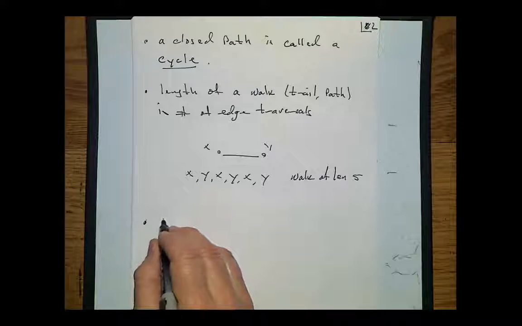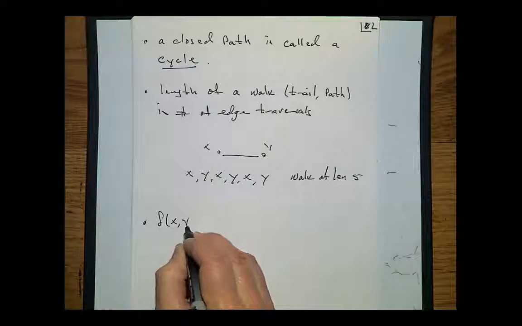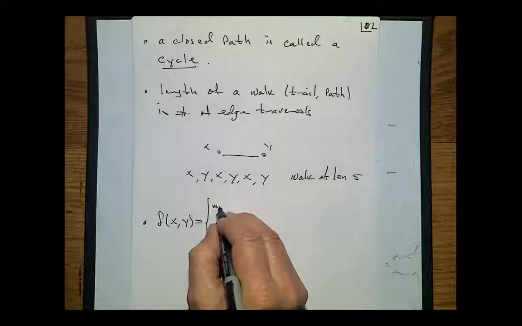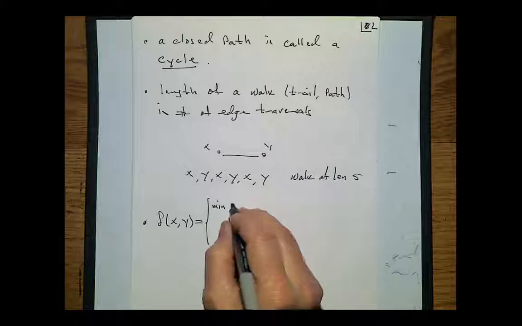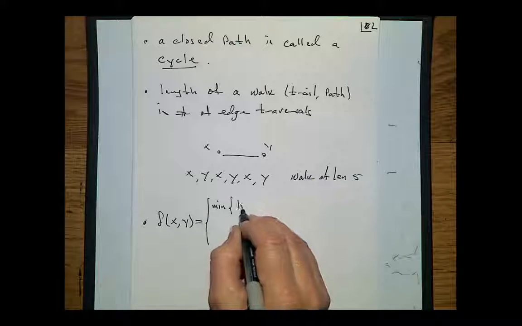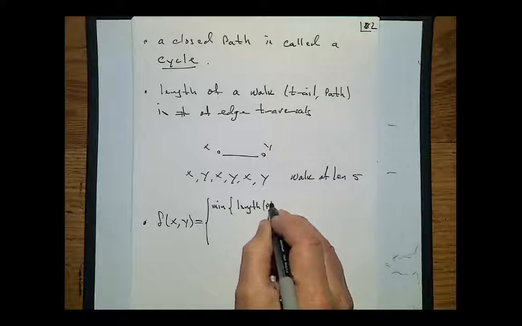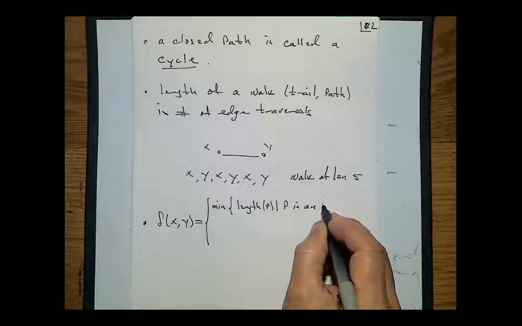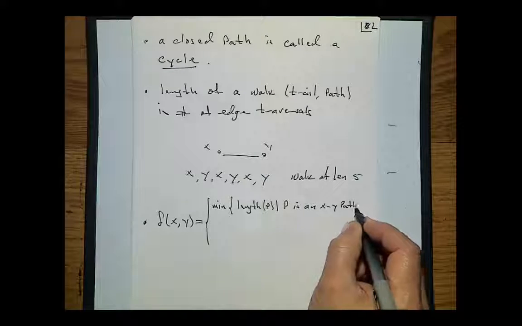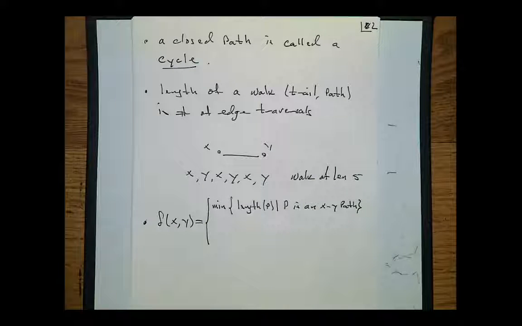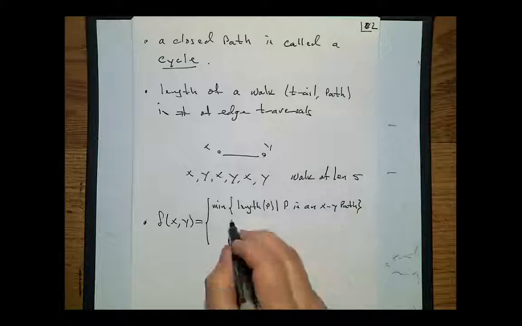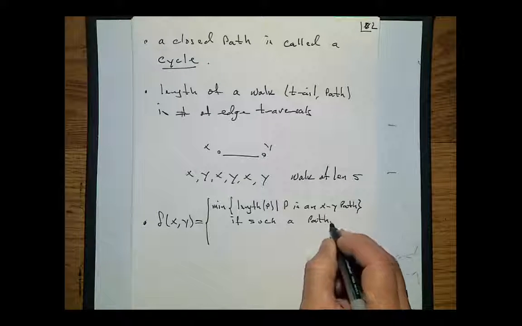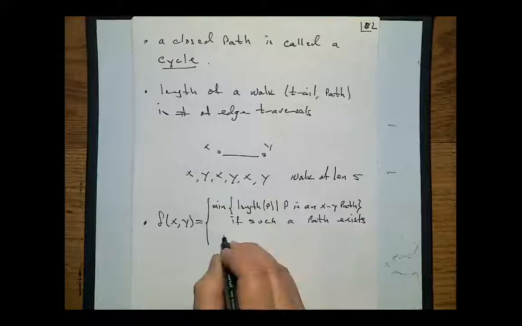So the distance from a vertex x to a vertex y is, I may have written this down last time, the minimum of length of p such that p is an xy path, if there is such a path, and is infinity otherwise.